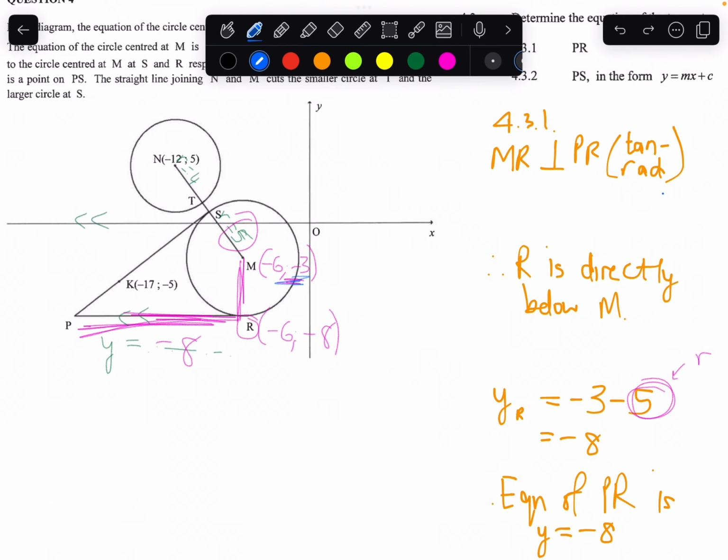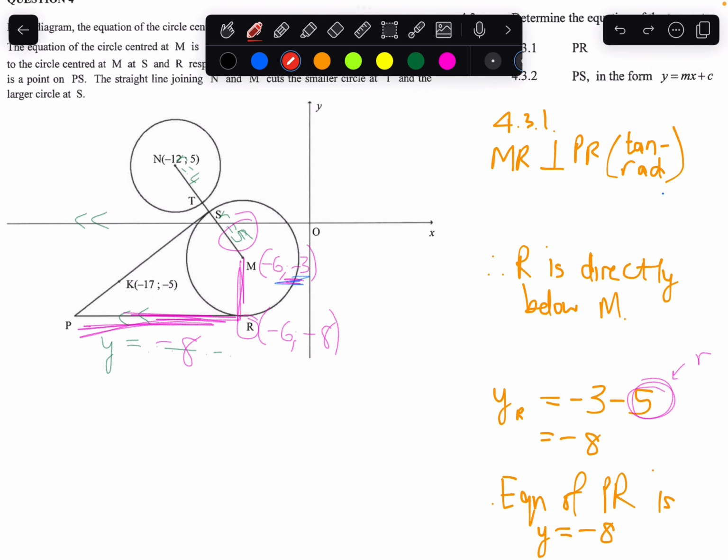Hi, welcome to a brief afterthought. Okay, so after recording the explanation for all of question 4, I just wasn't content with how I justified in question 4.3 that M and R are in one perfect vertical line.